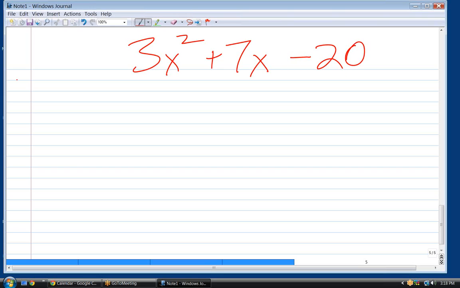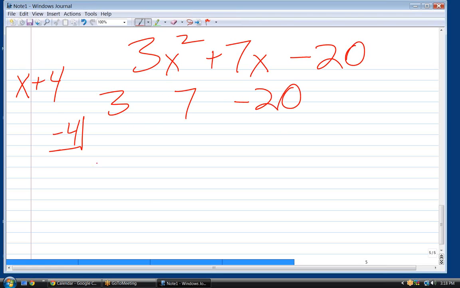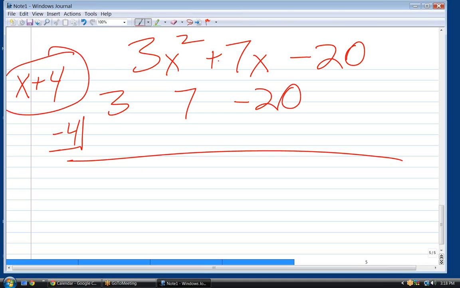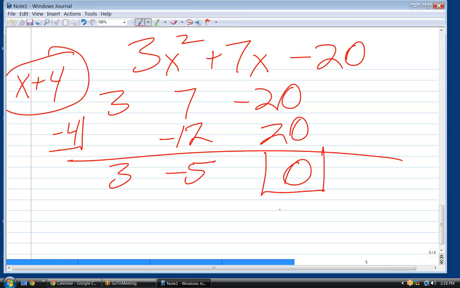Okay, if I divide this by x plus 4, I'm going to put a minus 4 there, 3 there, 7 there, minus 20 there. Now, if I want to know if this is a solution, one of the factors of that quadratic, then I must get a 0 right there. And I do.